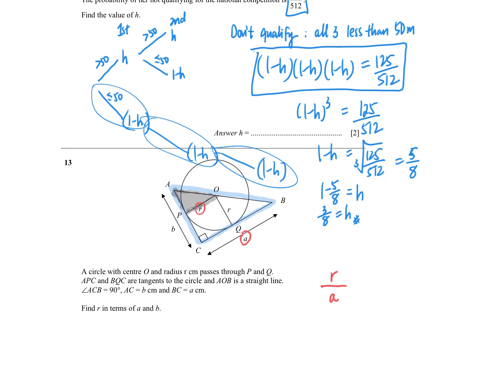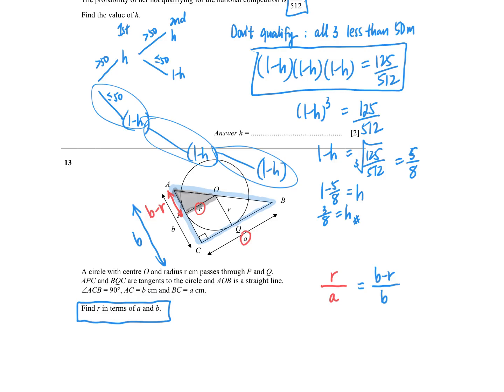The ratio of the base of the gray one versus the blue one, and the height. So this small one is B minus R. The big one is B. So the ratio is equal to this. Can you see that? So they say, can you express R in terms of A and B?